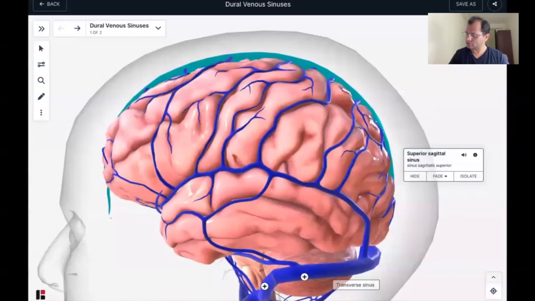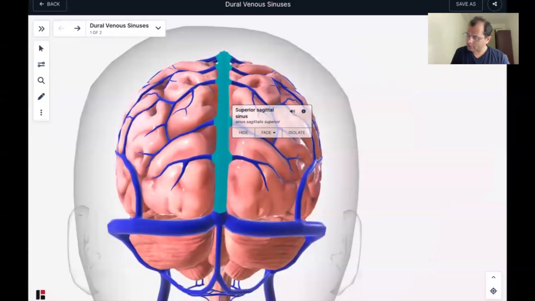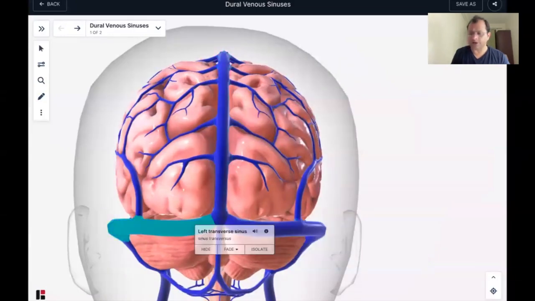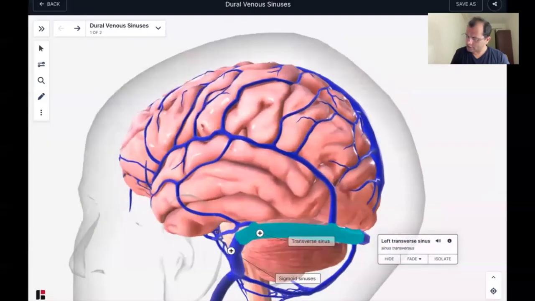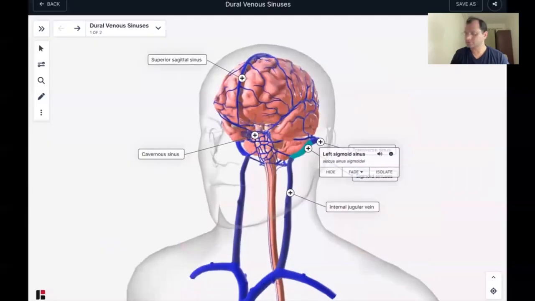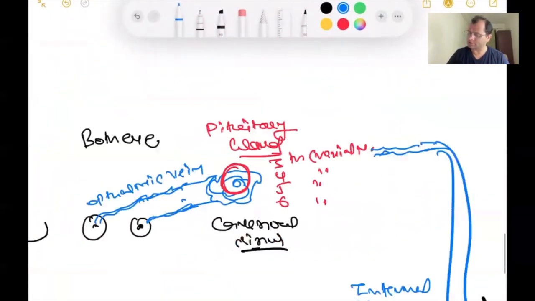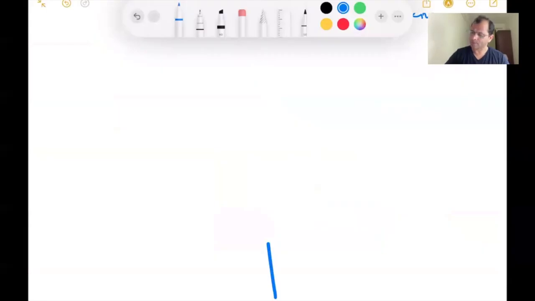You have to make this image. Then make one line on the right side, one line on the left side, and write down transverse sinus. And after that, make a little curved line and write the sigmoid sinus. Okay. I will tell you how to make it. And you do it and send it right now.